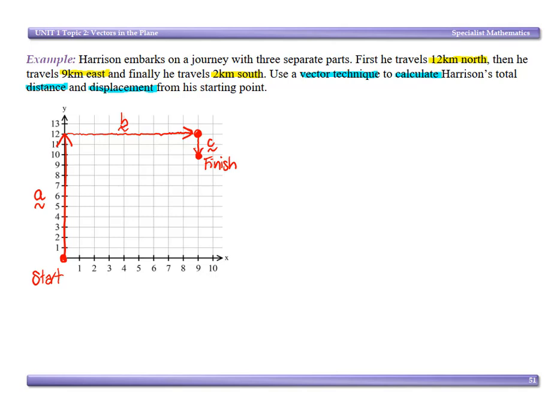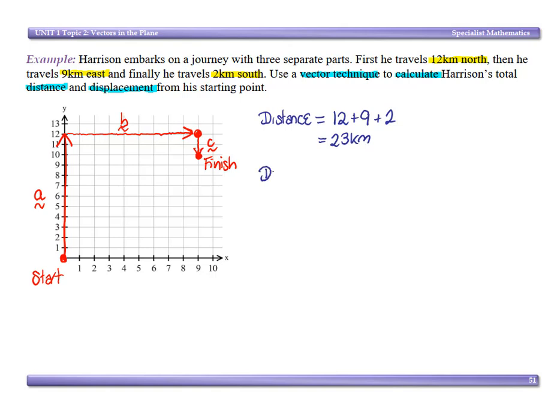Now to calculate distance, nice and straightforward. Distance is going to equal 12 plus 9 plus 2, which is 23 kilometres.